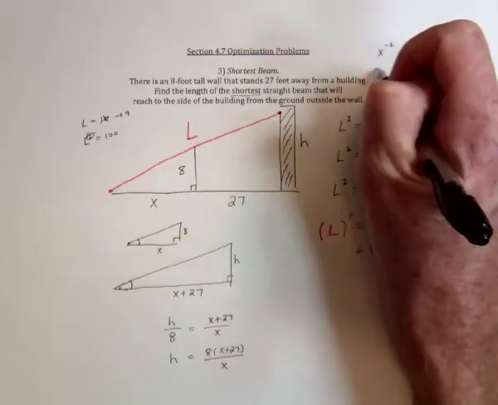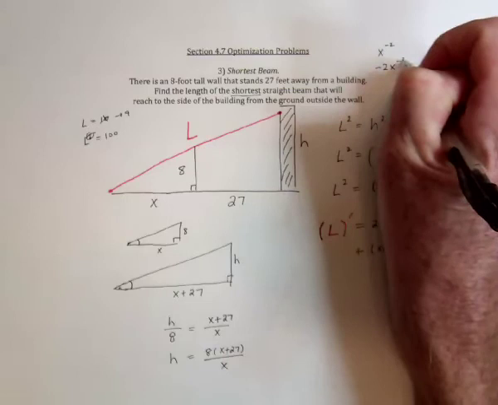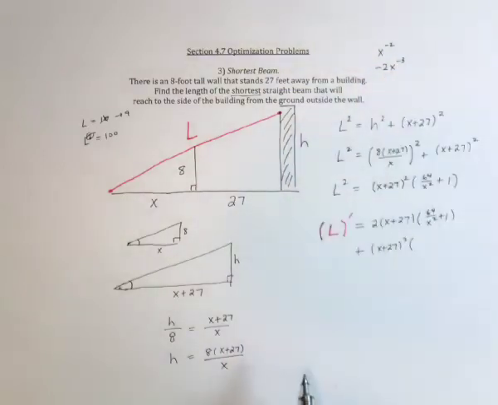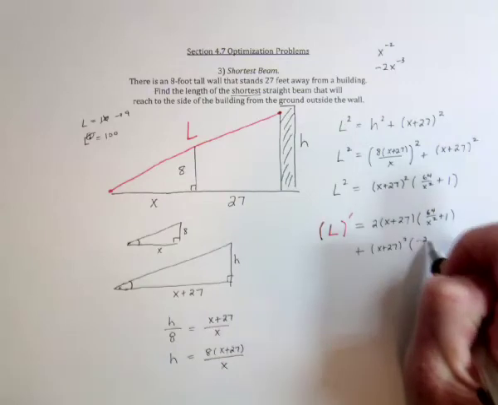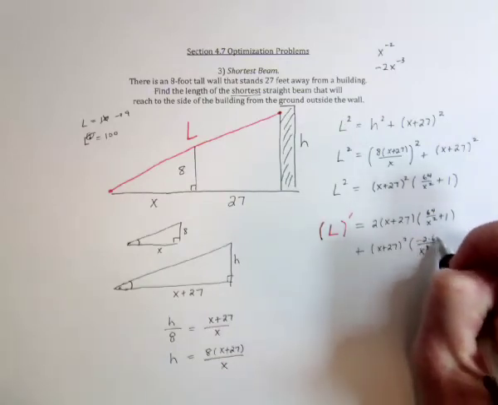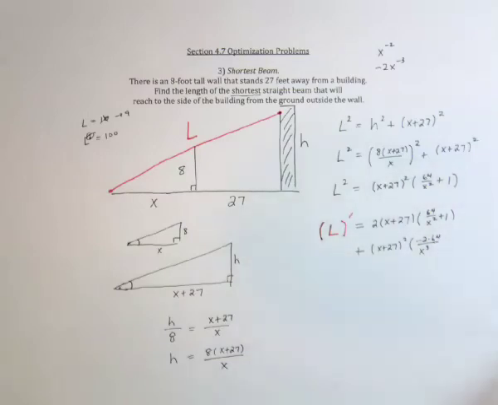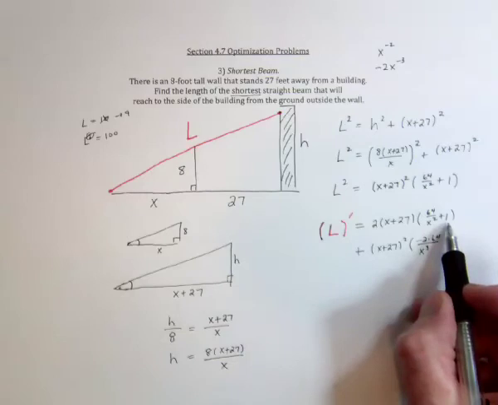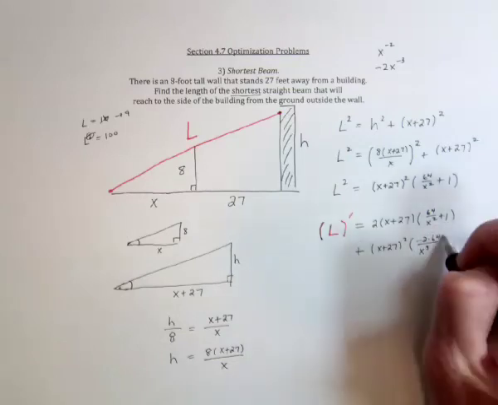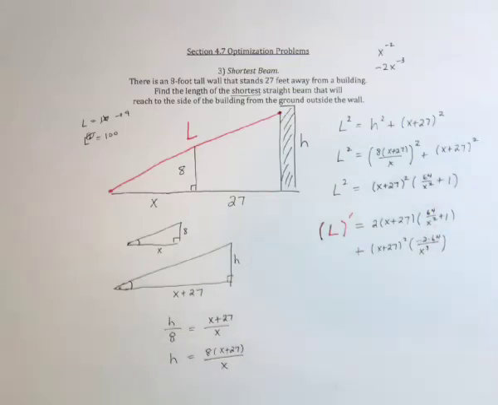So if we take the derivative, that would be negative 2x to the negative 3, or in other words, negative 2 over x cubed. So we'd have negative 2 over x cubed, and then that's times a 64. And then derivative of the 1 is 0.